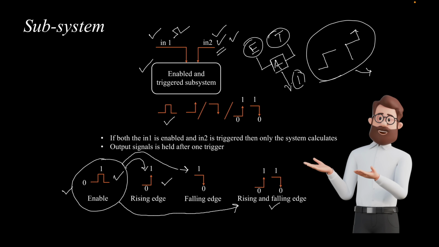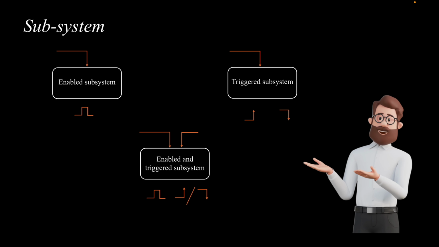And here also, whenever the calculation is getting triggered and you are getting an output, suppose you got the output from the calculation as 3, then this will be held, and you will be able to continue the calculation from this value itself. Okay, so this is what we have seen: the enabled subsystem, the triggered subsystem, and the enabled and triggered subsystem.